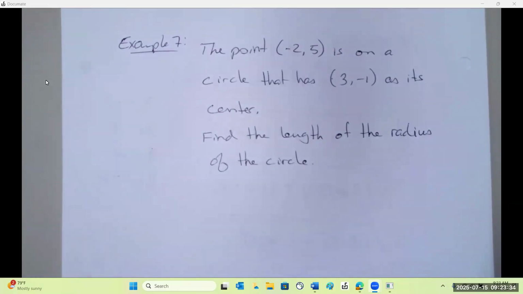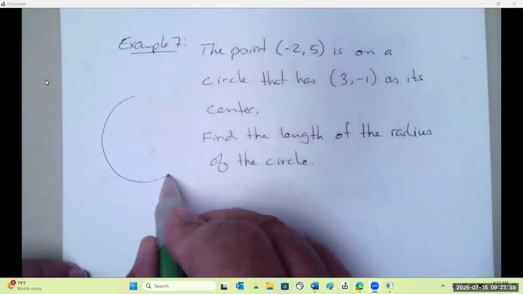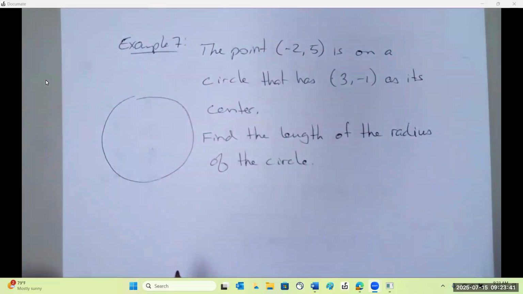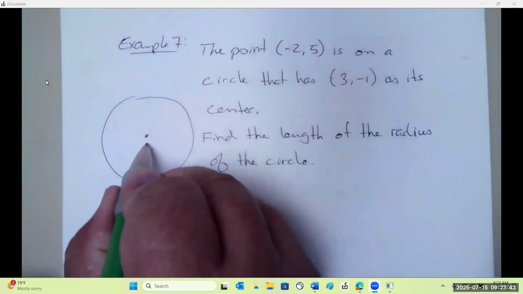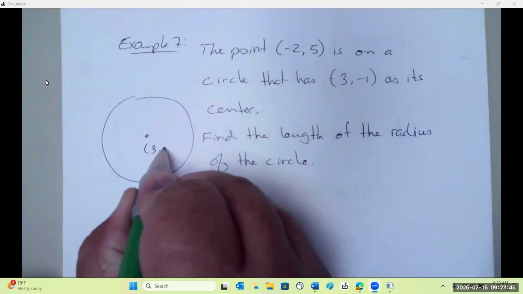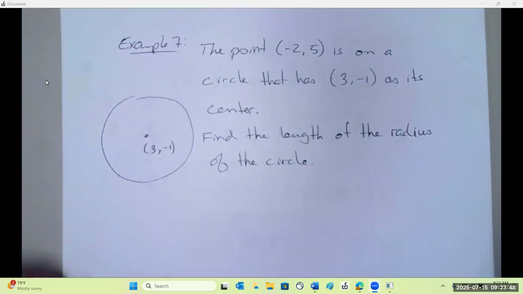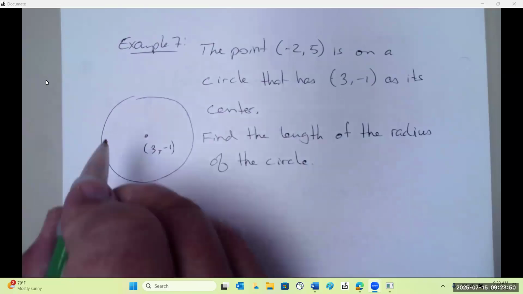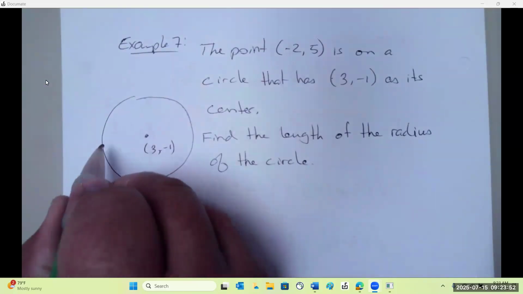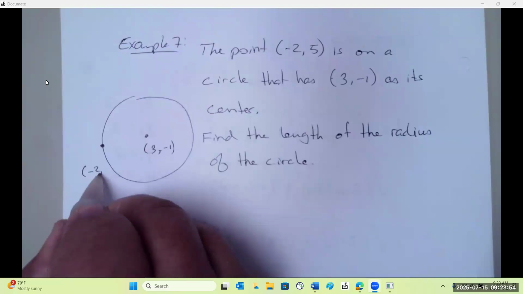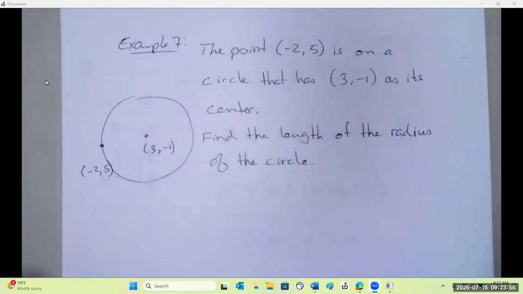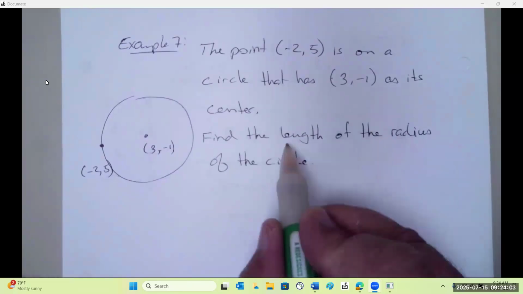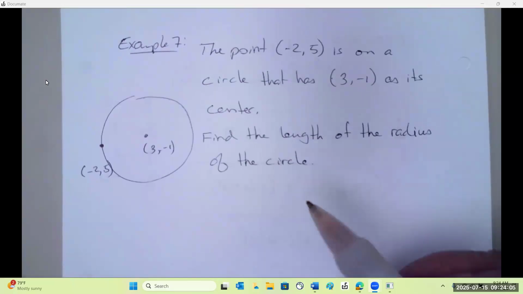Always helpful to draw a picture. So the center is at 3, -1. There's a point at -2, 5. It's asking us find the length of the radius of the circle.